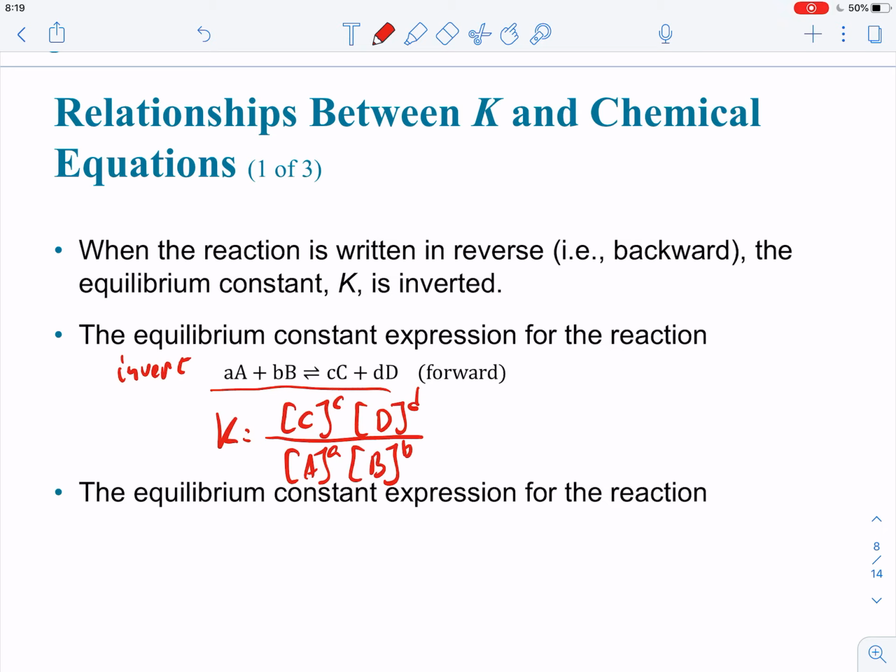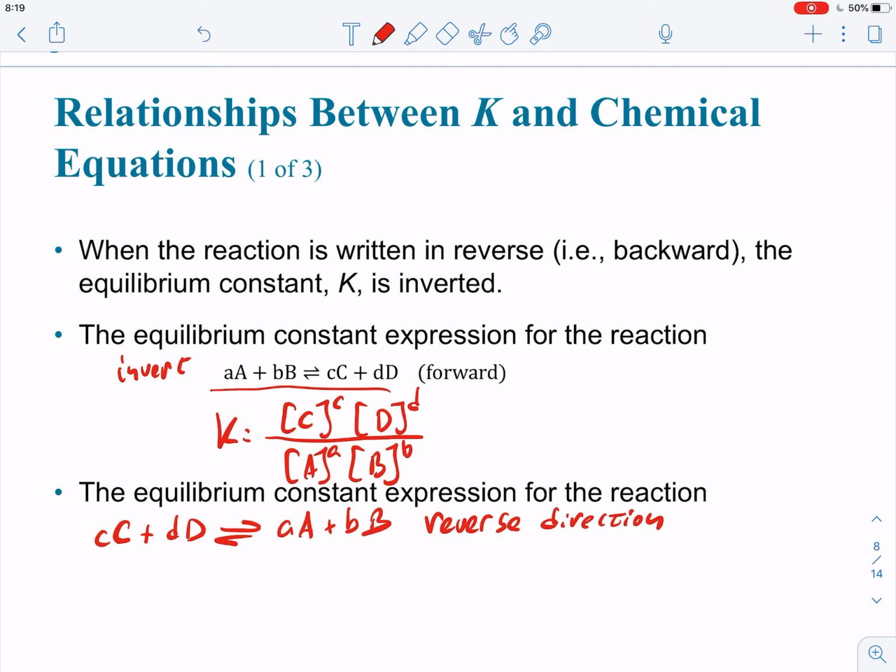Therefore, it will look something like this: cC plus dD goes to aA plus bB. And that's an equilibrium reaction, it's just written in the other direction. This is the reverse direction.